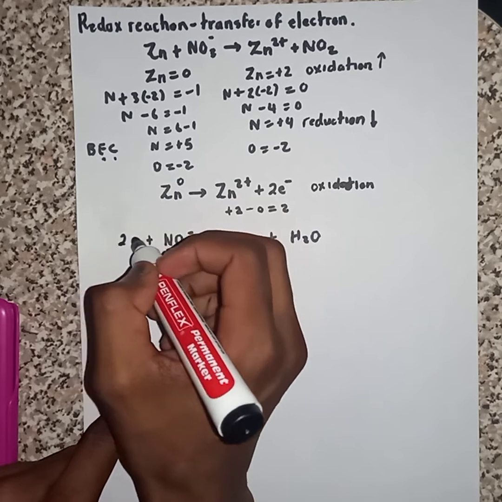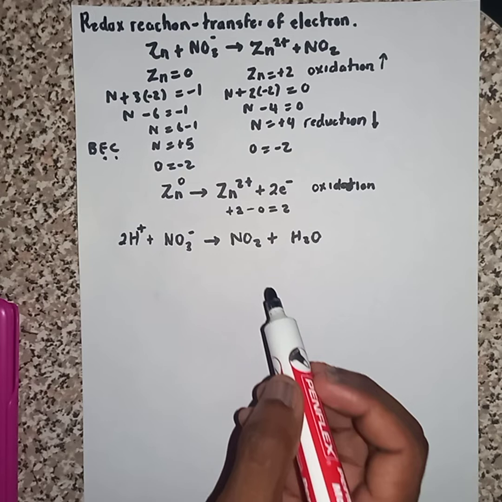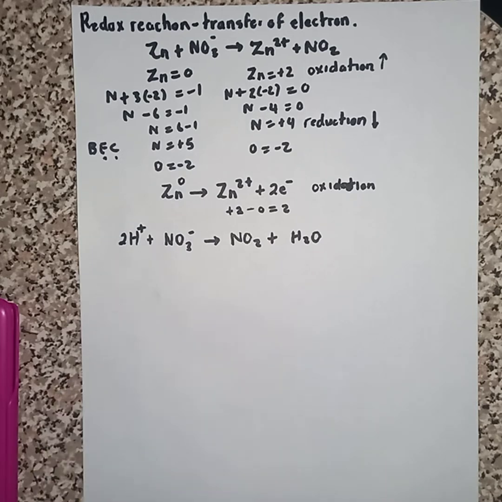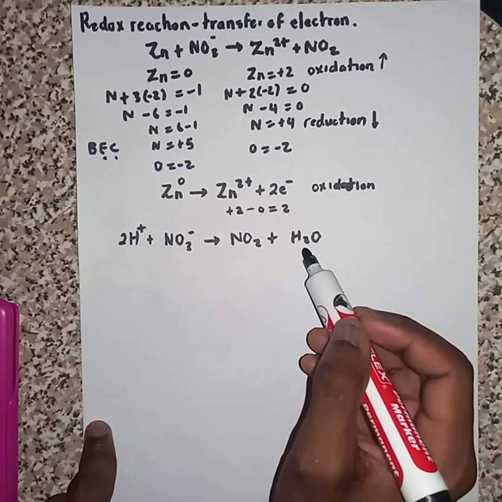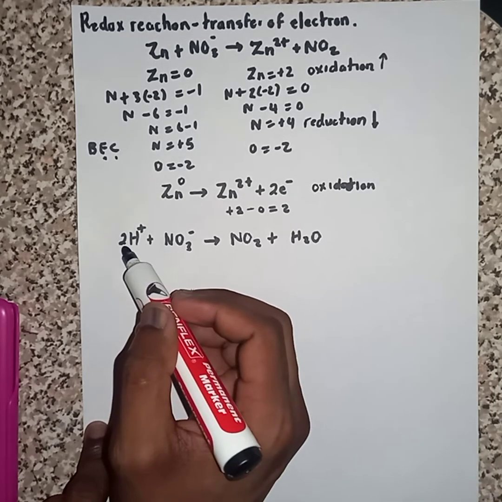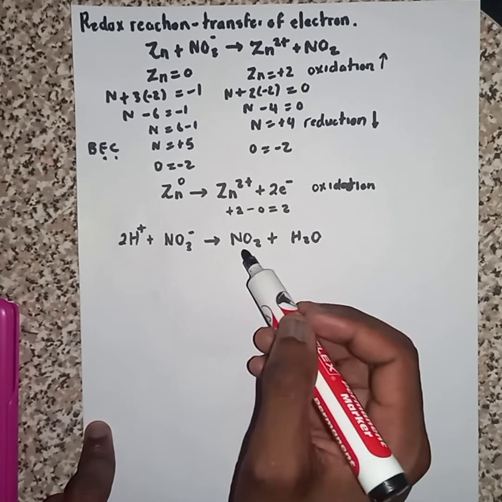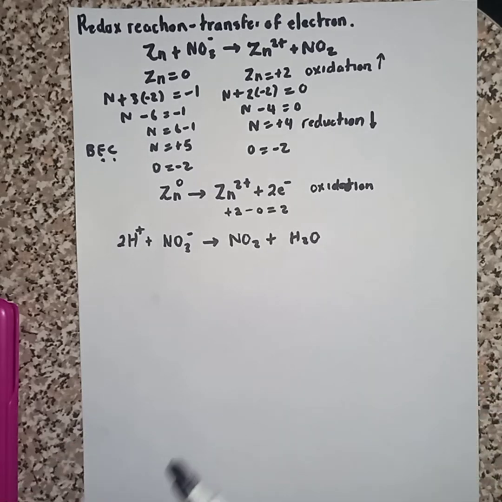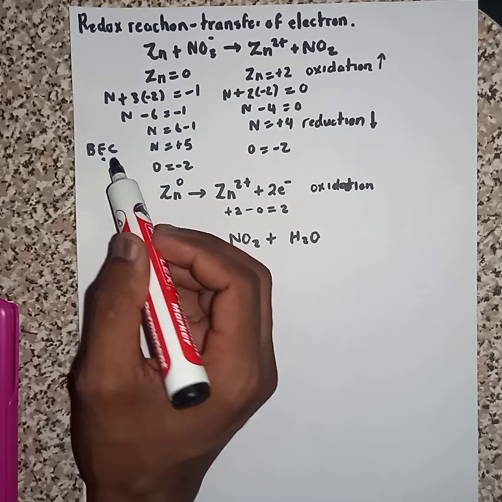I'm going to add 2H plus to balance the others on my right hand side. Now I have 2 H's this side, 1 N, 3, as well as 3 that side. Now I've managed to balance my elements. Now let us balance our charges.